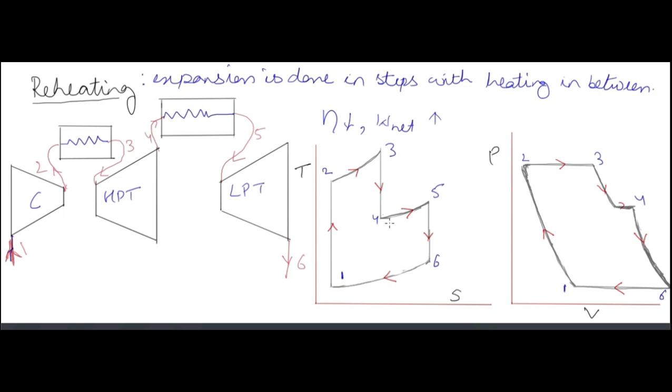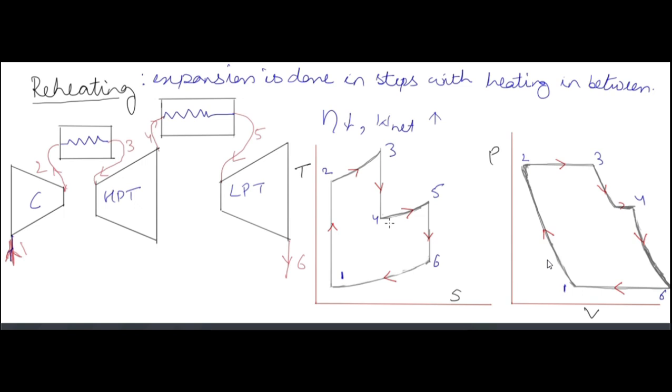I'm just repeating this because clockwise cycles are always work producing cycles. If there is a cycle that is clockwise, you have to understand that this is a work producing cycle. Now this is the TS diagram and this is the PV diagram.